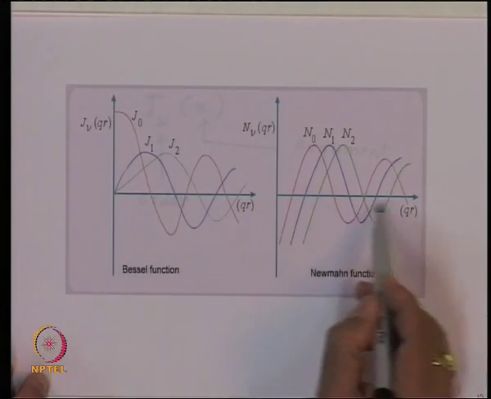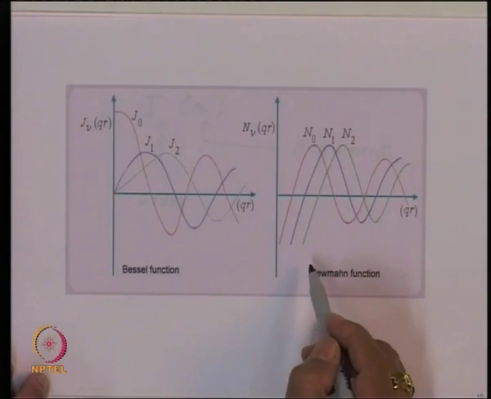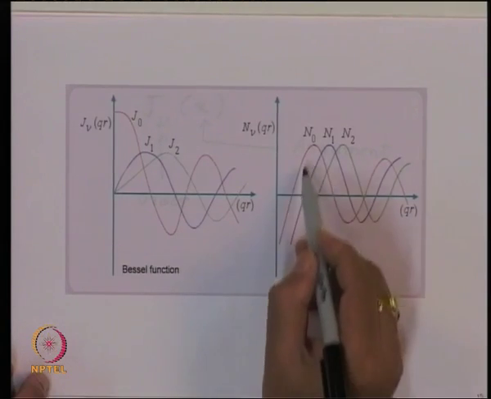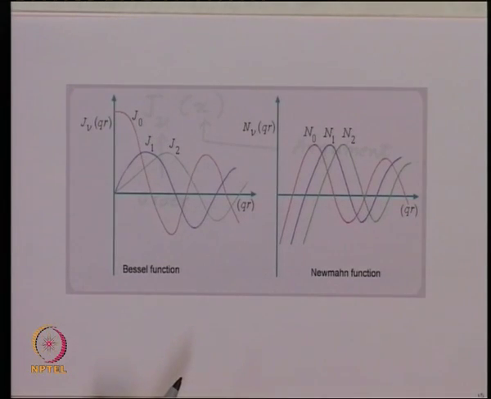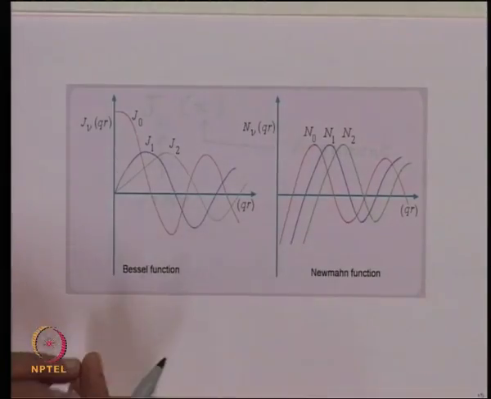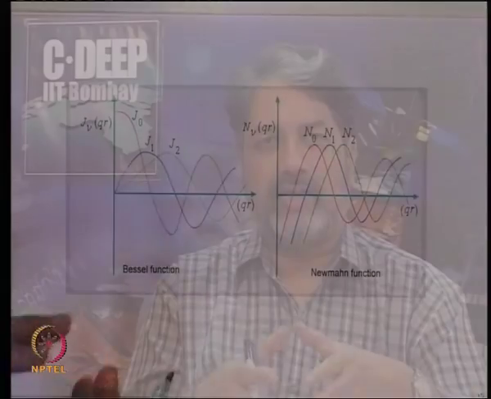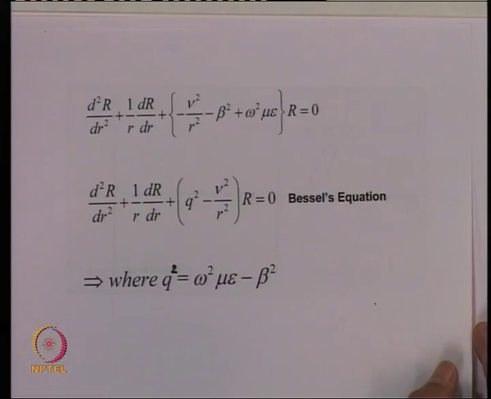If I plot the Neumann function for different orders as a function of argument, you typically get something like this: N0, N1, N2, and so on. Note here that this variation is representing the behavior of the electric or magnetic field in the radial direction, because this quantity is representing r, and this capital R is nothing but the spatial variation of the electric or magnetic field in the radial direction.